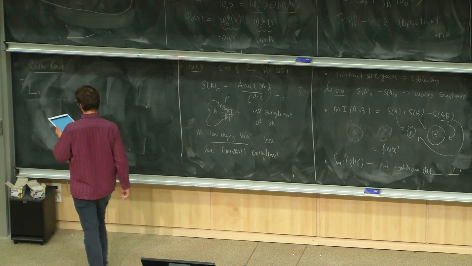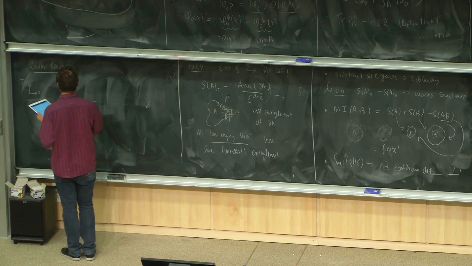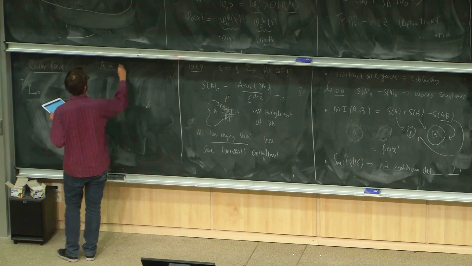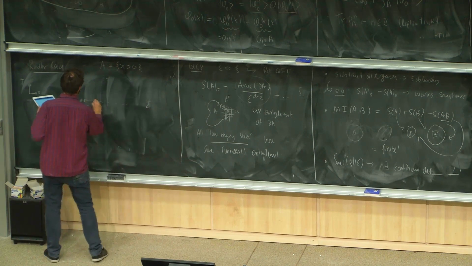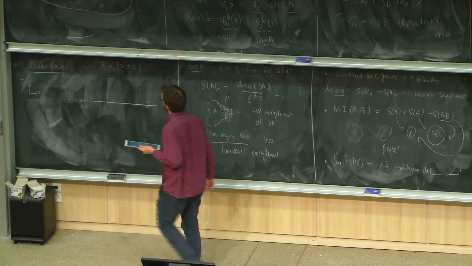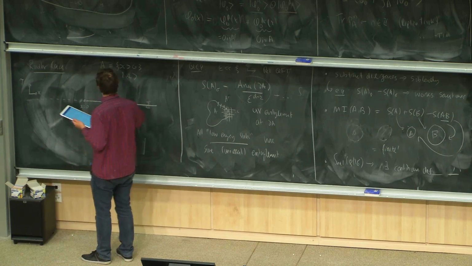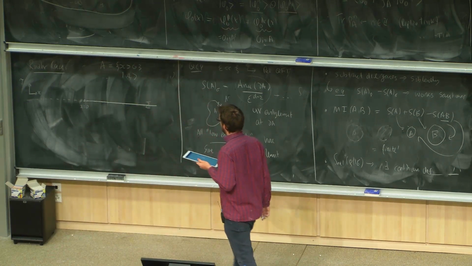I'm going to take my region to be, say this is x is 0, and I'll take A to be just x bigger than 0. So that's this region here. And just to emphasize, I take my state to be the vacuum. That's implied by this path integral, but just so you know.